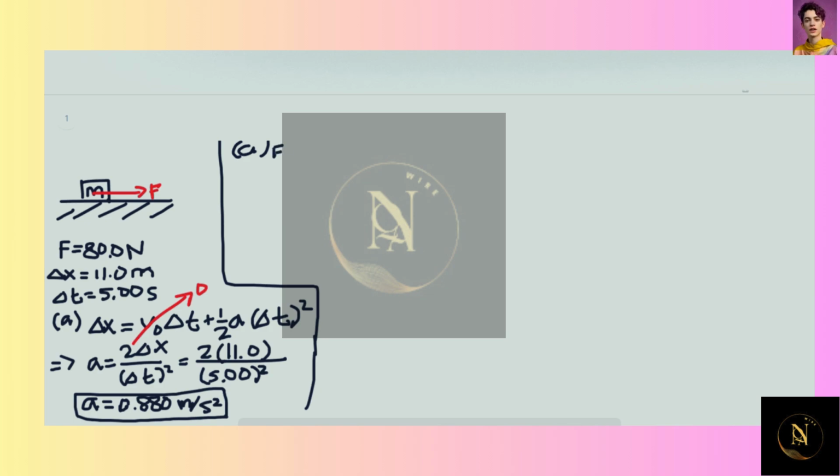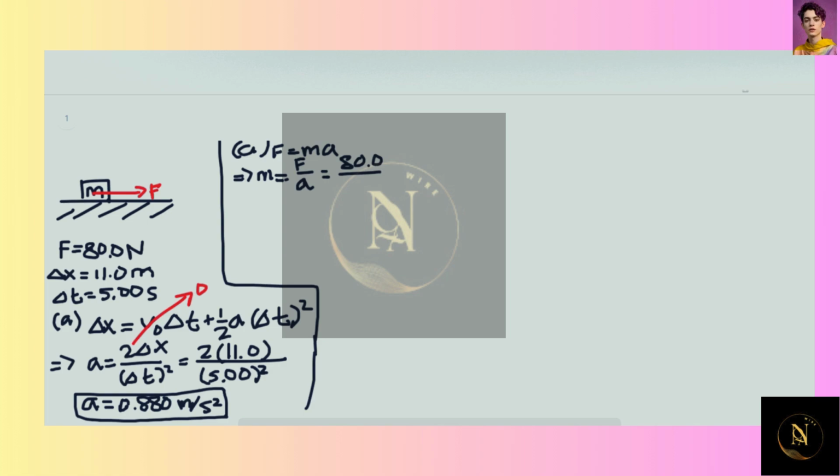The last thing we need to do is apply Newton's second law, but rearrange it in order to solve for the mass. So it's going to be F divided by A. Just a couple things I'm going to fix here. And we now have all that information because we solved for the acceleration.